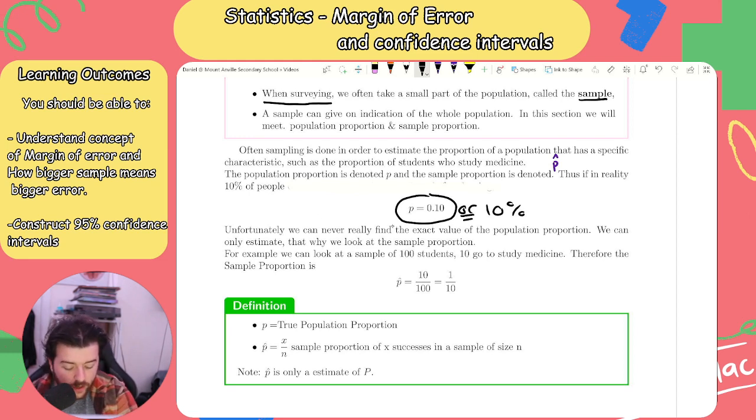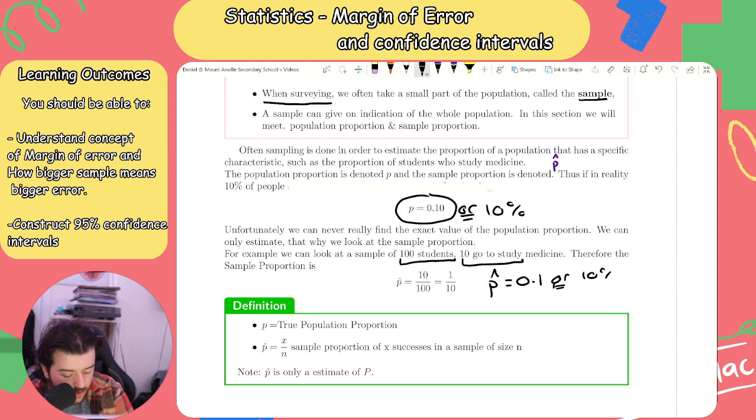But unfortunately, we can never find the exact value of a population proportion. We can only estimate. That's why we look at sample proportion. Say we did an exit study of 100 6th-year students and asked them what course they got into. 10 said they went on to study medicine. Therefore, the sample proportion is 10 out of the 100 in my sample, or 1/10, or 0.1, or 10%.